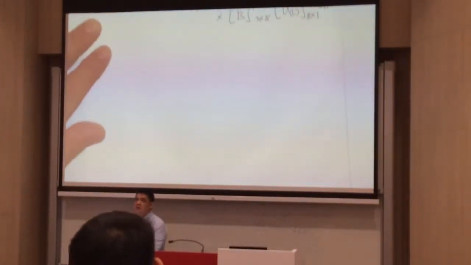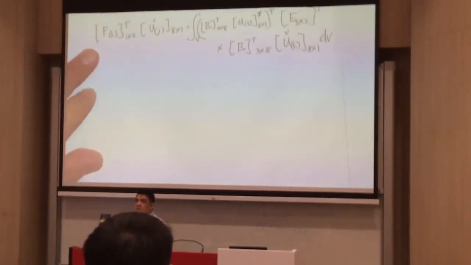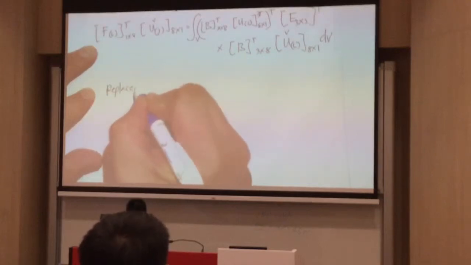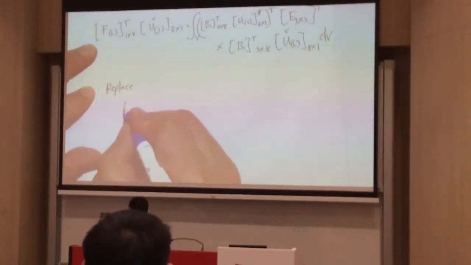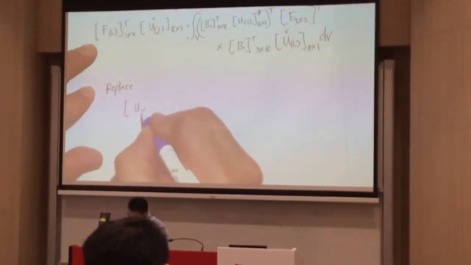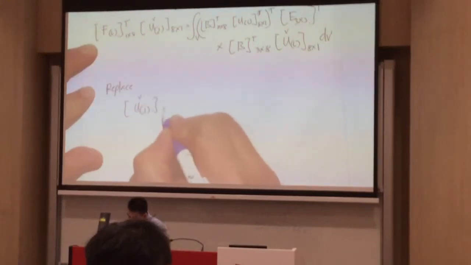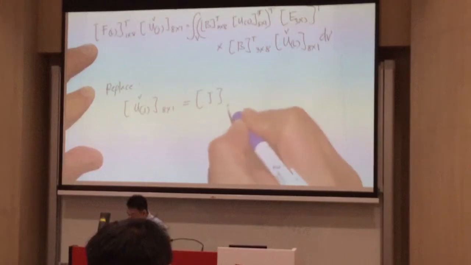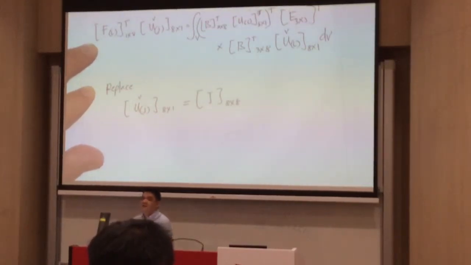So here we can now replace your virtual displacement with an identity matrix, which is 8 by 8.